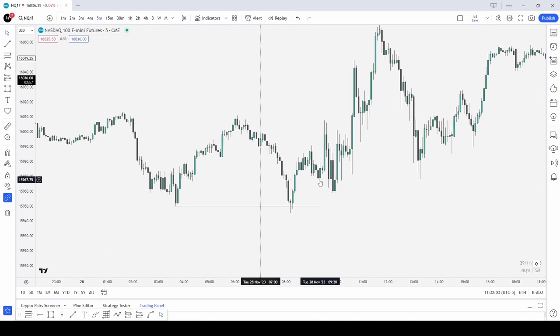As you can see, once we do that, we get a leg higher, and what piqued my interest for this returning to a deeper retracement and sweeping sell side liquidity in here was the fact that this high, as we moved higher, didn't take out this liquidity here and didn't take out this liquidity here.